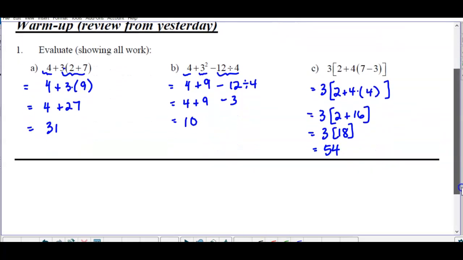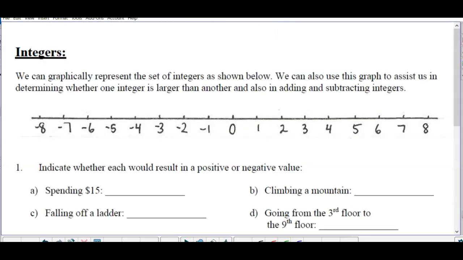Okay. All right. Now we'll look at integers. So again, this is a review. You've been talking about integers for a few years now. Just a reminder, I've got a number line up here from -8 to +8. It can go on to infinity. Negatives are always on the left, positives always on the right.